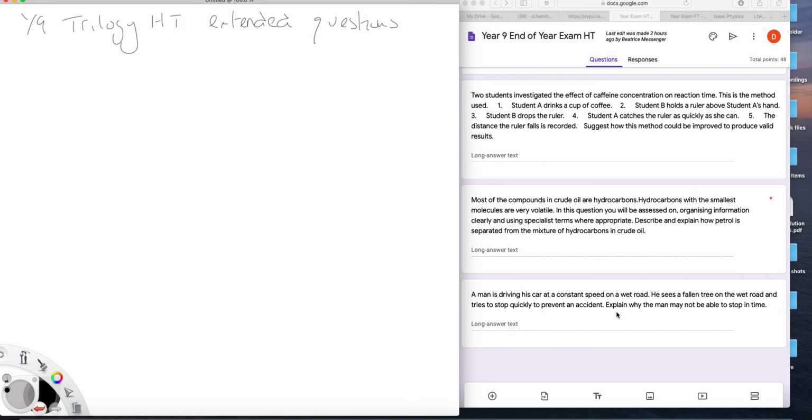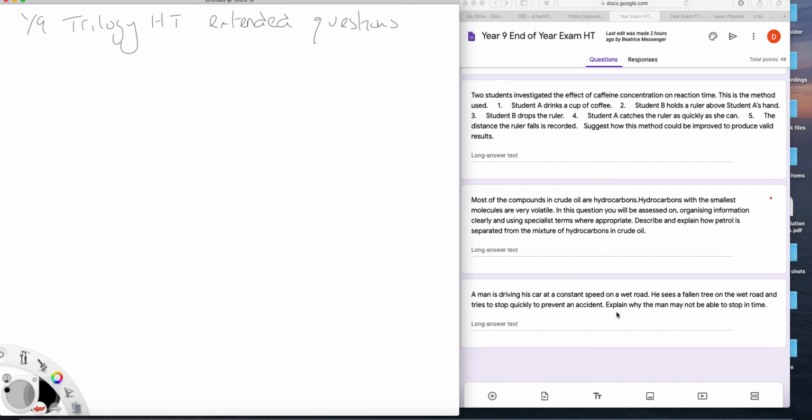The sorts of things you need to say are that the wet road reduces the friction between the tyres and the road and therefore increases the braking distance. If he brakes too hard, the wheels may lock up and he slides, and therefore his braking distance is increased.